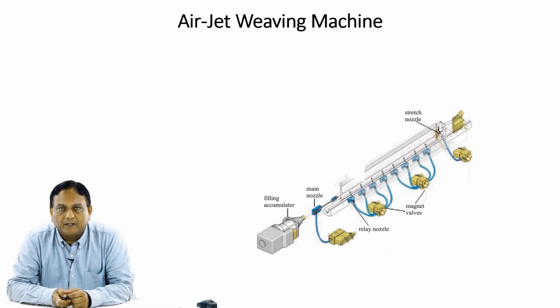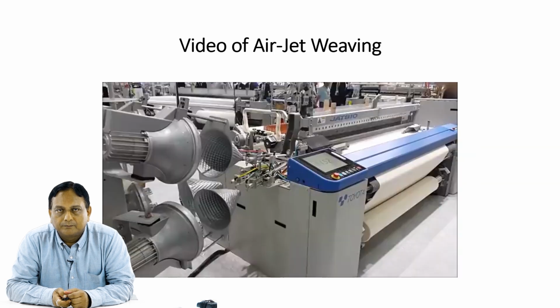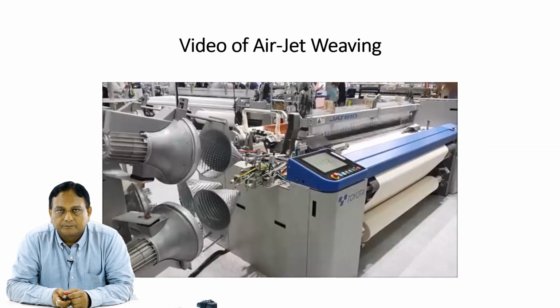Let us see the air jet weaving machines. How does the air jet weaving machine operate? Air jet weaving machines are supplied with compressed air from a central compressor in the weave room, and are equipped with individual built-in compressors, as shown in the figure. Now, how does air jet weaving operate? Let us see.